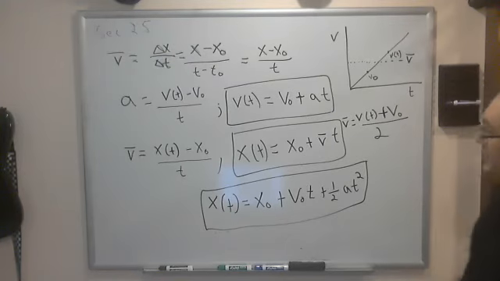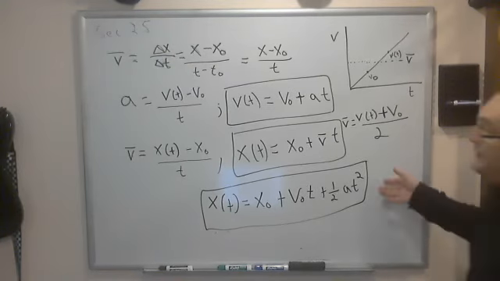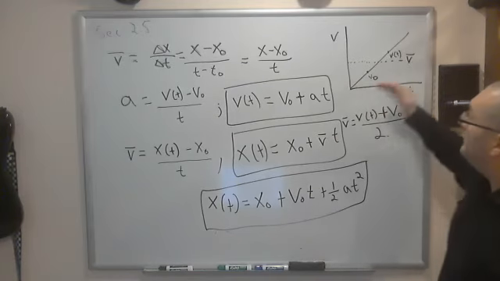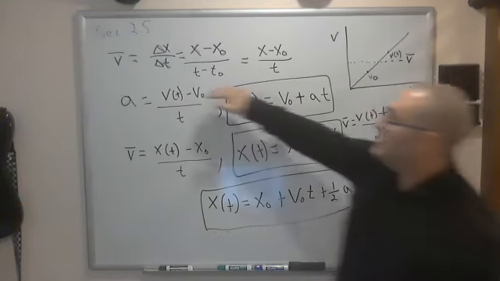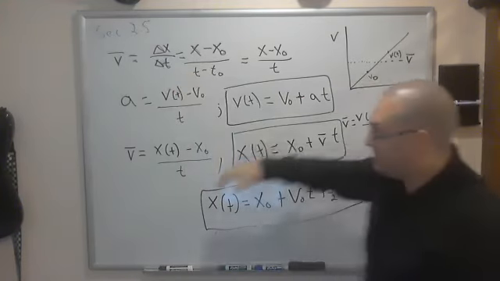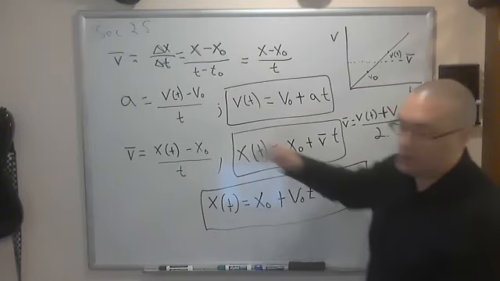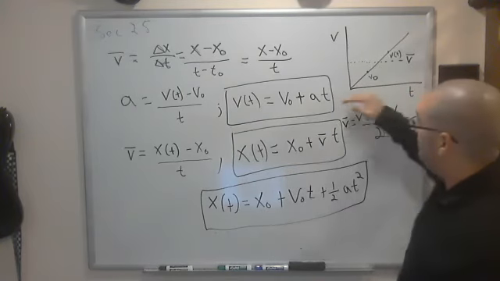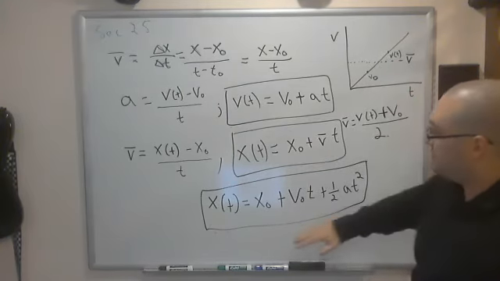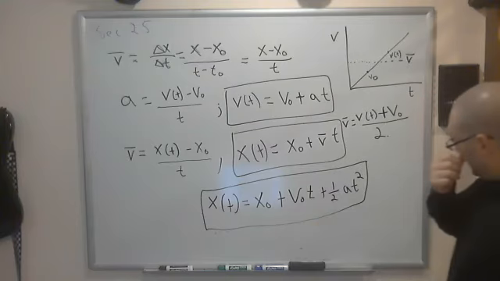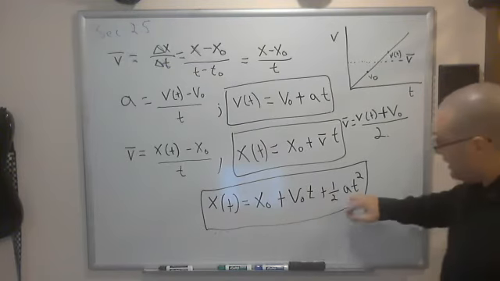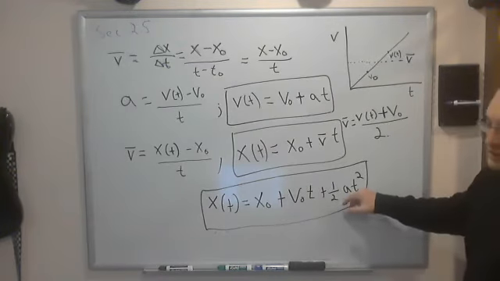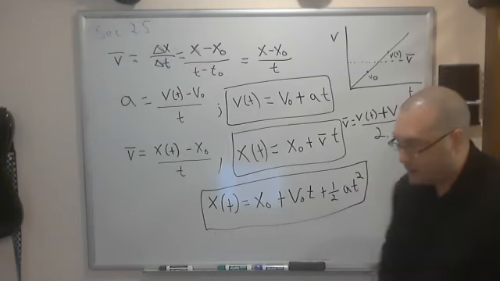It's a very big step forward, and it's pretty simple. The way we derived it, we just took this idea of average velocity and acceleration. We didn't even need calculus for this, and then we were able to get its position over time. Given, of course, the major assumption here is a constant acceleration.